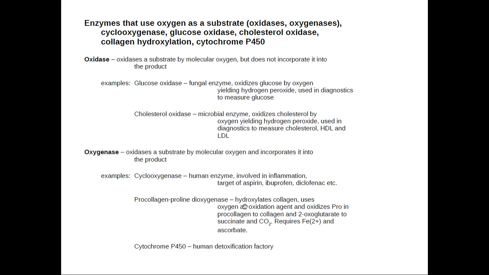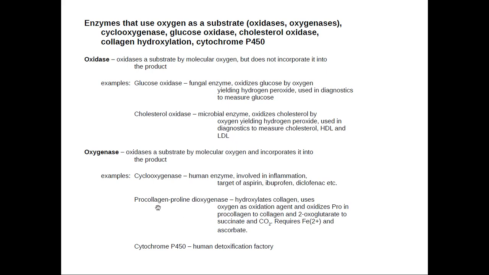So there is this procollagen, which is a polypeptide chain with high concentration of proline, and these prolines have to be hydroxylated, like post-translationally modified, and this is a reaction with oxygen.